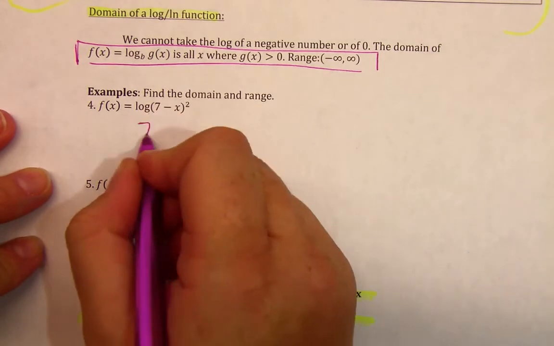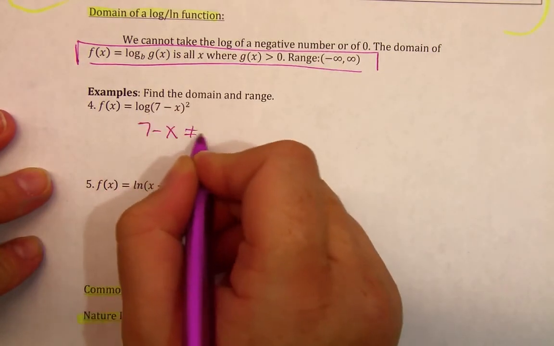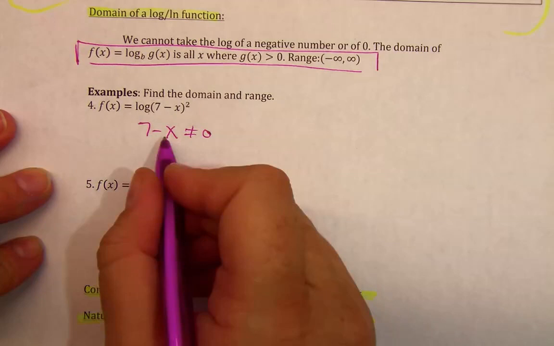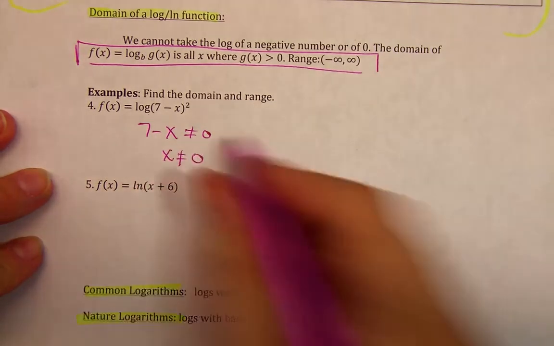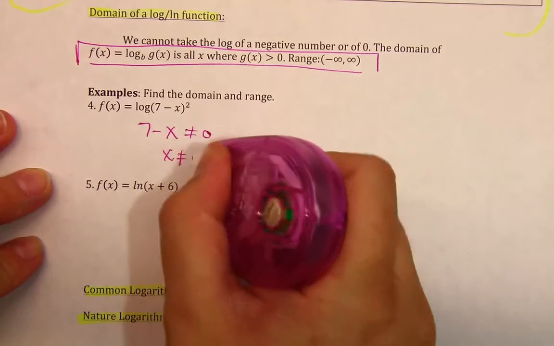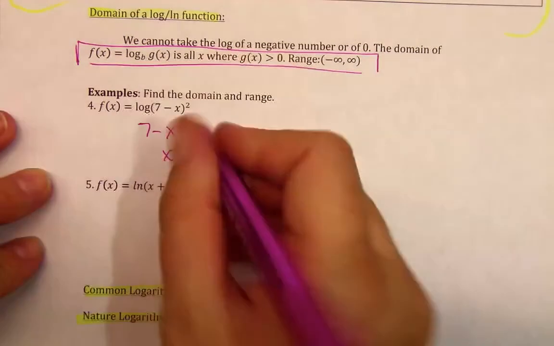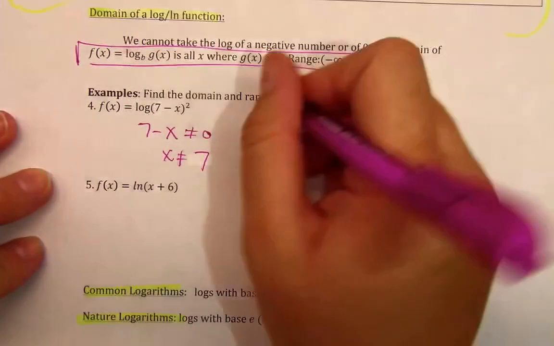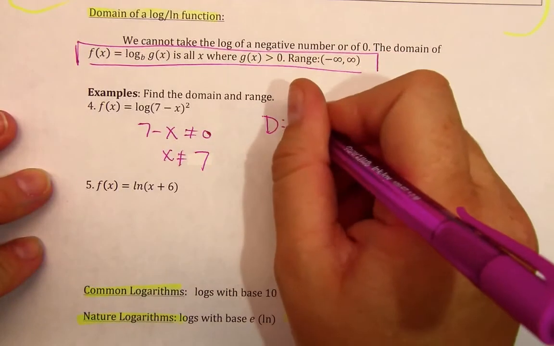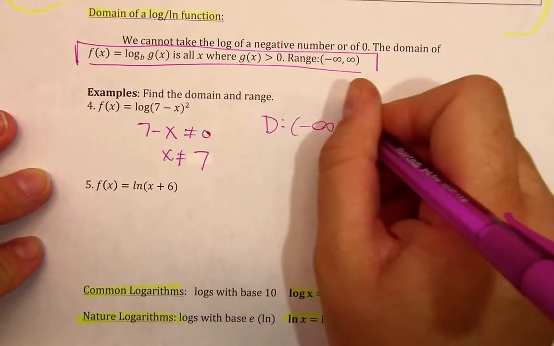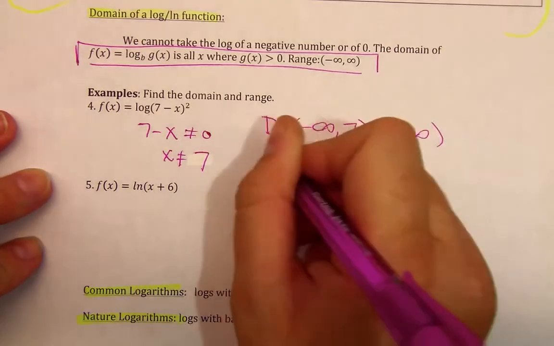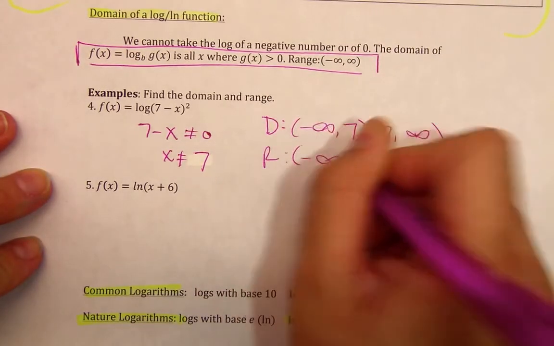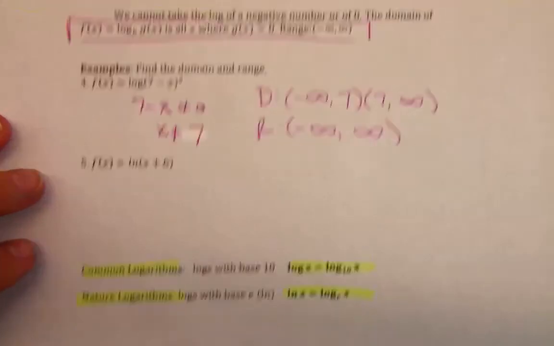So we just want 7 minus x to not equal 0. So what that would mean is x cannot equal 7. Oops, not 0 here, 7. So my domain is negative infinity to 7, and then 7 to infinity. My range is negative infinity to infinity.